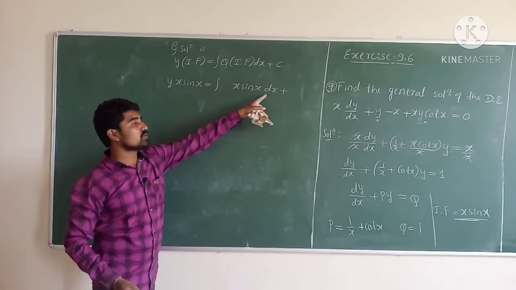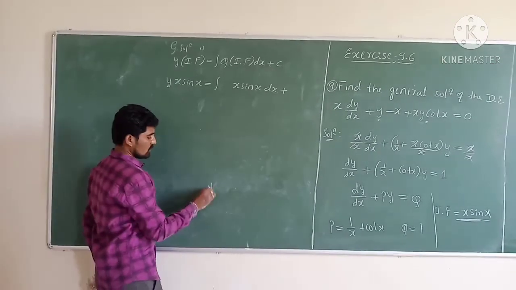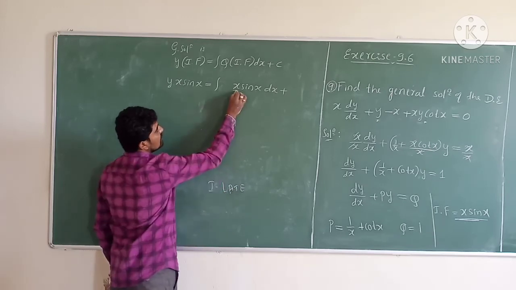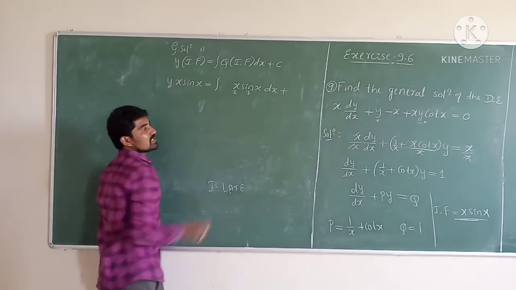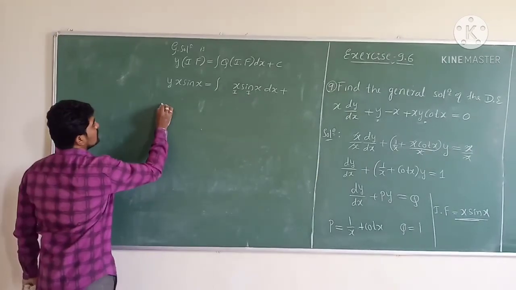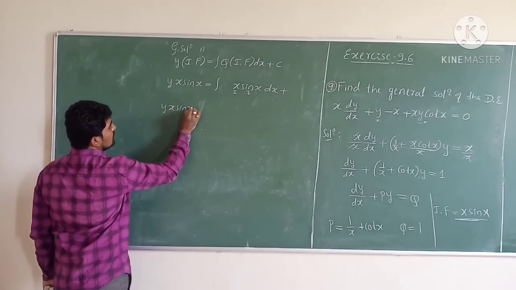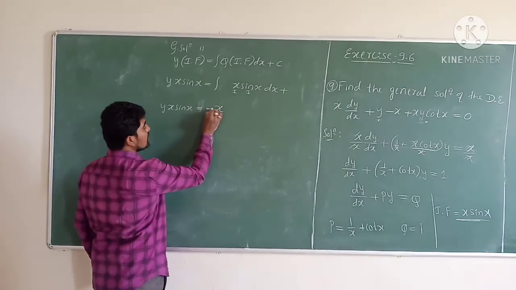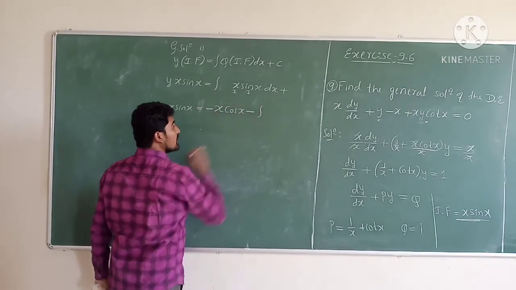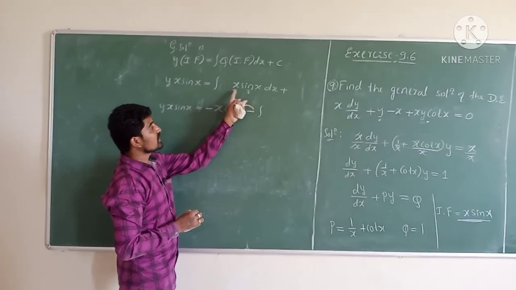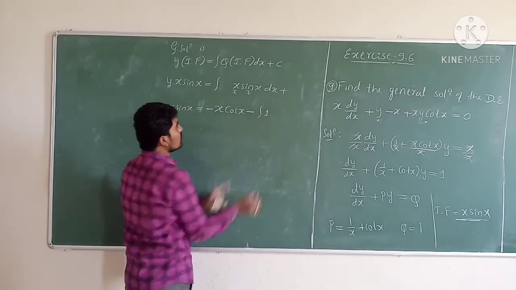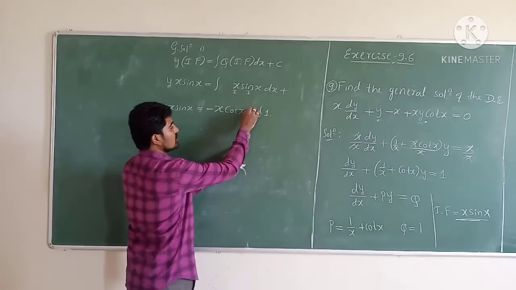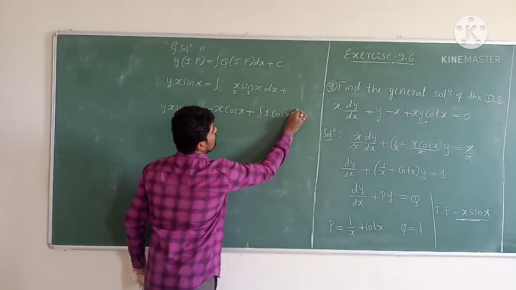So integration of x into sin x dx by using the ILATE rule. The first function is algebraic function x and the second function is trigonometric function sin x. Therefore, y into x sin x is equal to first function x as it is, the integration of sin x is minus cos x, minus integration of differentiation of first function x with respect to x is 1, into integration of second function, integration of sin x is minus cos x, minus into minus, plus cos x with respect to x.